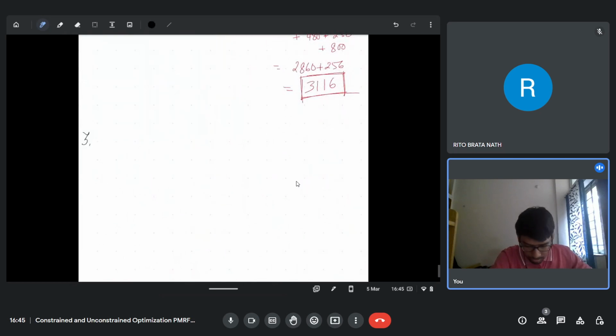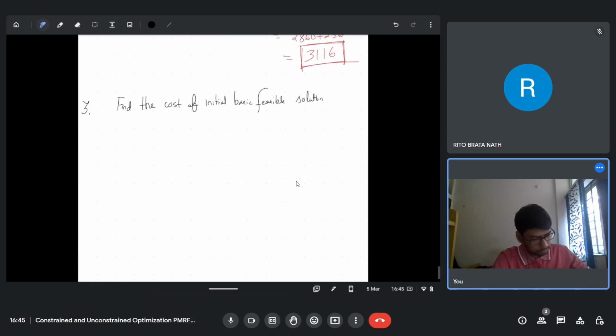Again, I'll give you one transportation problem: find the cost of the initial basic feasible solution by the northwest corner method.